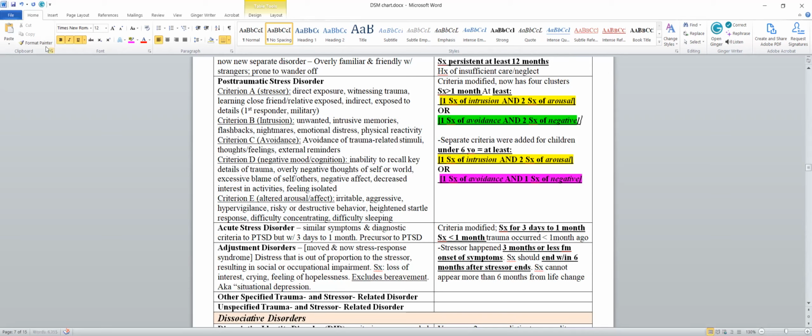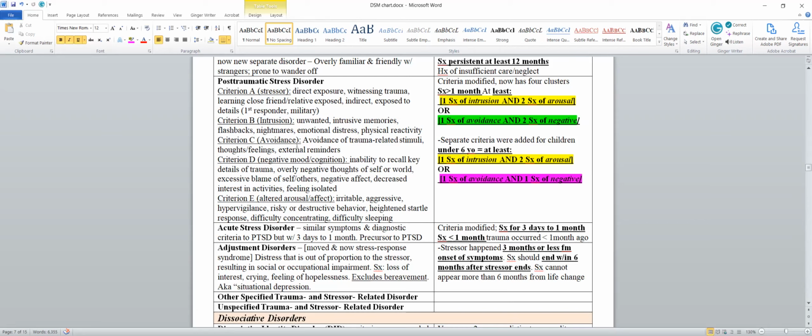Acute stress disorder has similar symptoms and diagnostic criteria to PTSD, but with 3 days to 1 month. So it's a precursor to PTSD. The criteria was modified: symptoms for 3 days to 1 month.